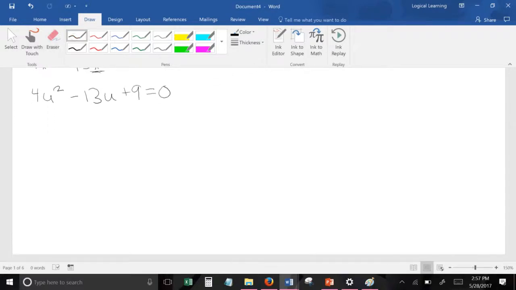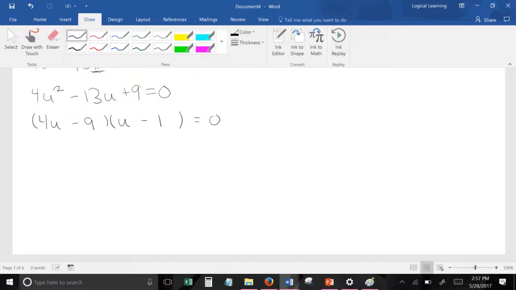Now I went ahead and solved this by factoring, and I'll let you know that it took some trial and error to figure out exactly which ones would work, and I found that 4u minus 9 times u minus 1 would give us that equation.